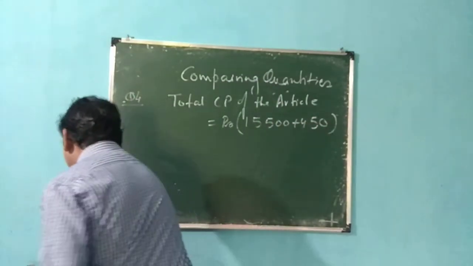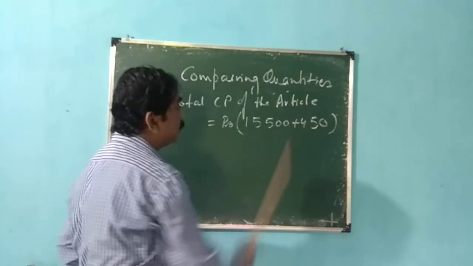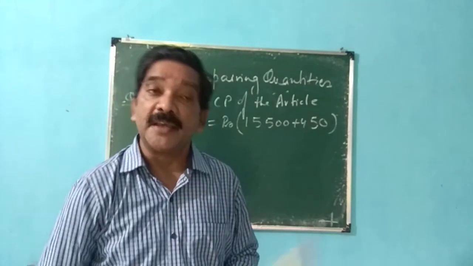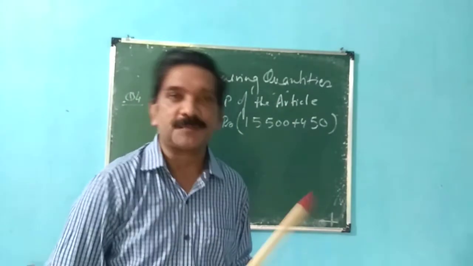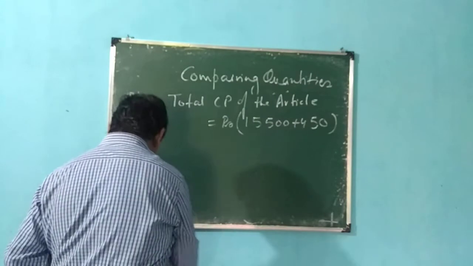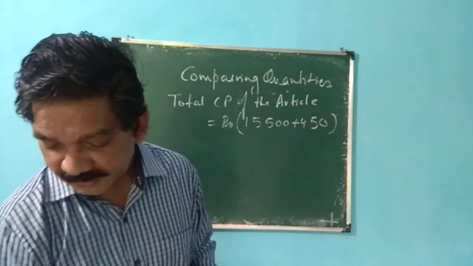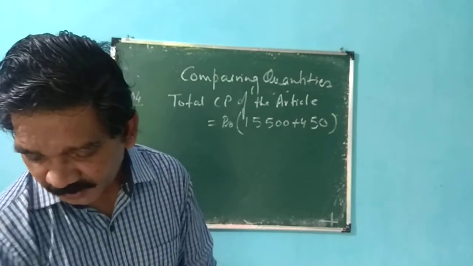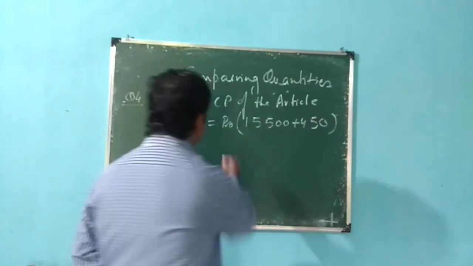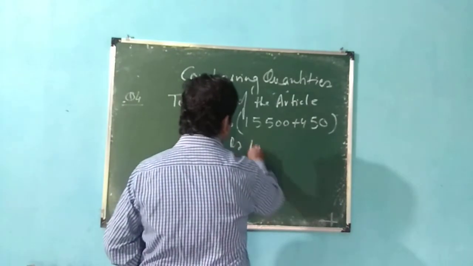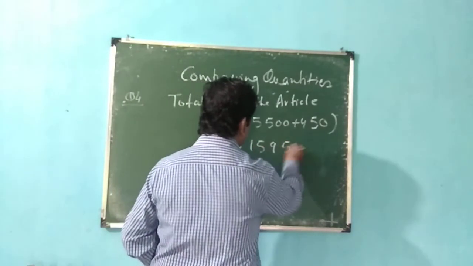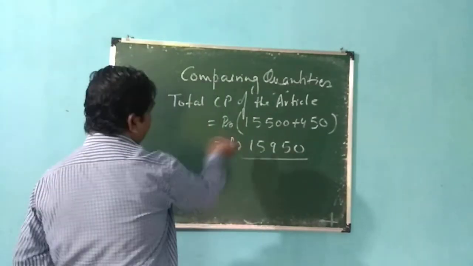Remember, this 450 was spent on its repair. That will also come under the cost price. So we will add these two figures. If we add these two figures, I will get 15,950. So this was the total cost price.